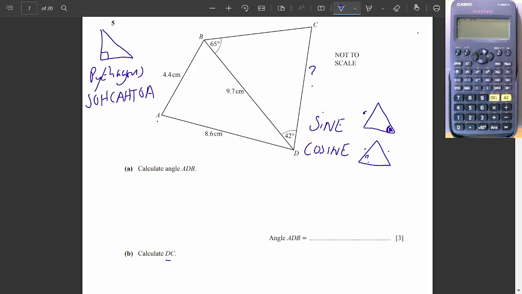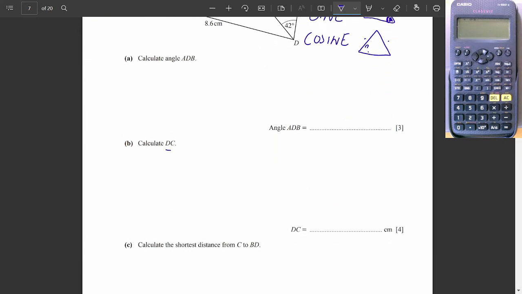We have the opposite angle. And the moment we work with opposite sides and angles like that, we know we're going to use the sine rule. So let's write that down. Sine rule is A over sin A equals B over sin B equals C over sin C, but we usually just use two of those.